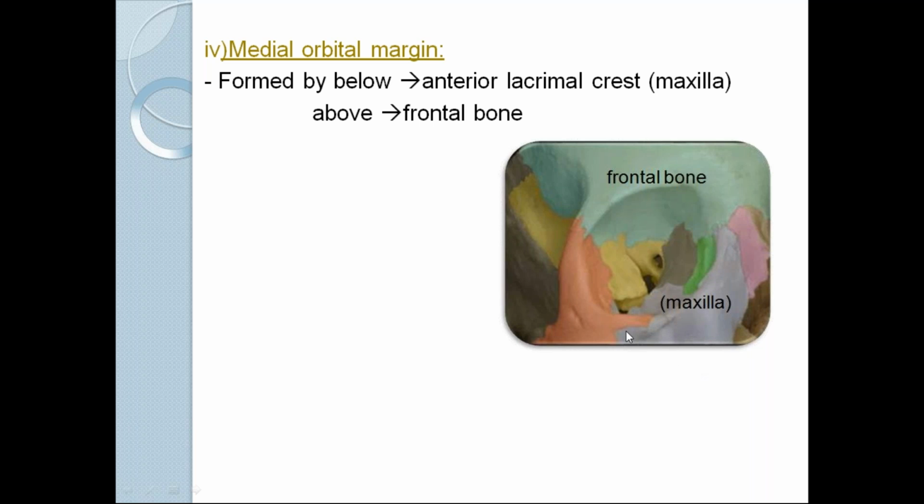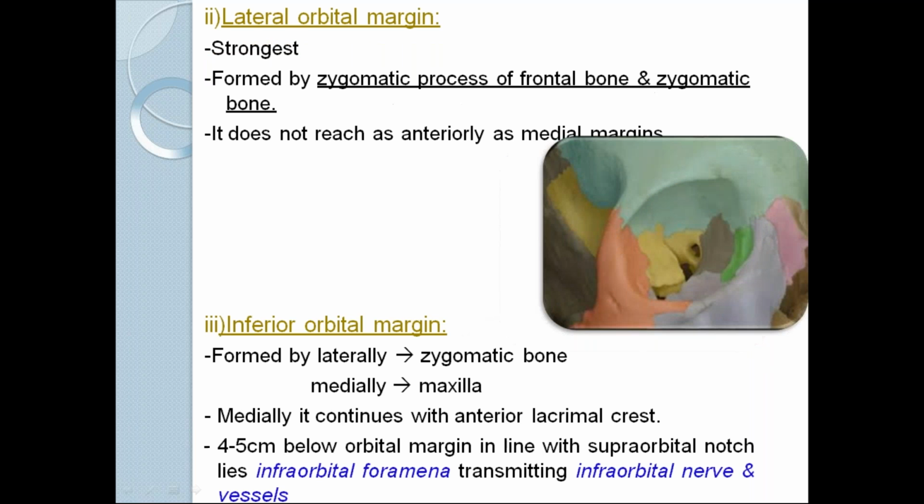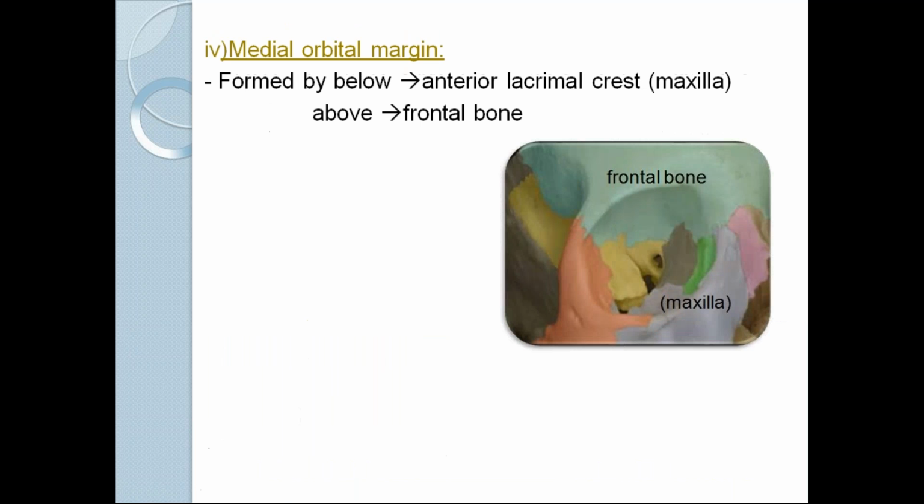The importance of that is you will come to know whenever there is a blowout fracture of the orbit where the floor of the orbit is fractured. That is when you will have infraorbital anesthesia because the nerve gets affected and there will not be any sensation on that particular aspect.